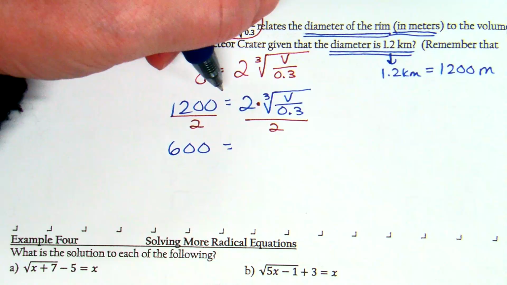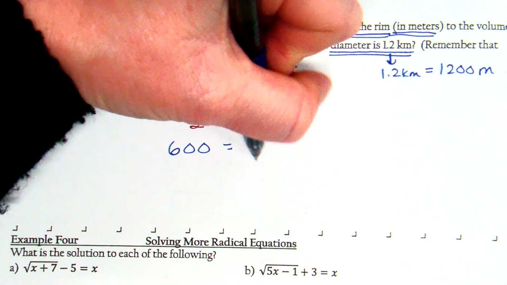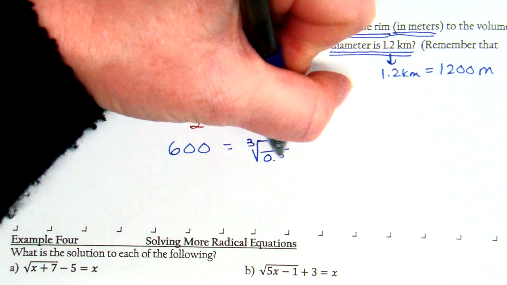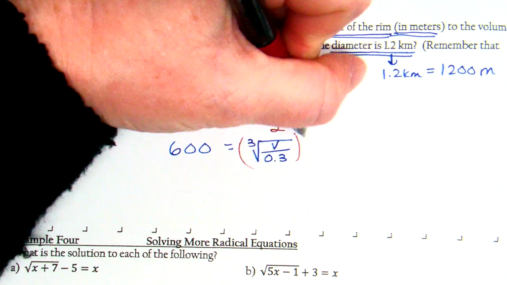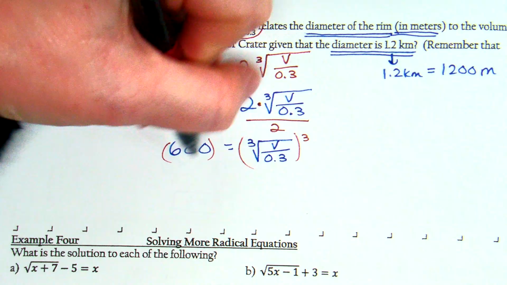I've got the cube root of V over 0.3. What do you think, Ashley? Cube both sides. Yes. How do you get rid of a cube root? You cube it. You raise to the power of 3. If you raise one side to the power of 3, raise the other side. I'm going to leave it at 600 to the third for the moment.